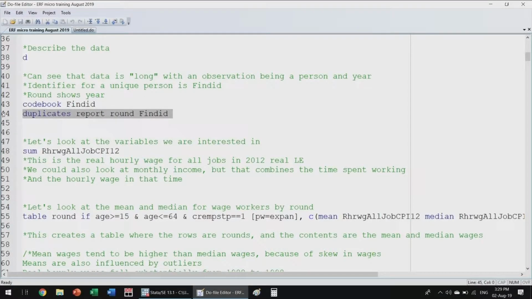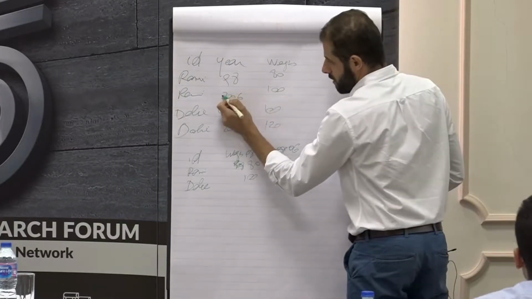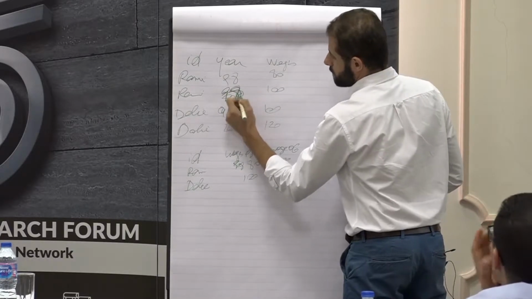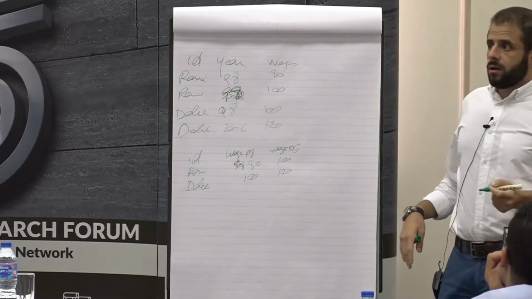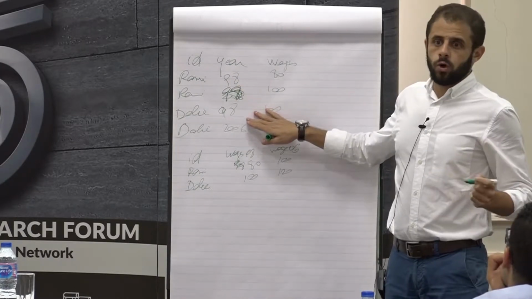Sometimes, especially in panels, this is important, because when you declare a data set as a panel, you will see later, especially when you work with surveys, there can be problems. Let me give you an example. Let's say that instead of having Rami 98, I have here Rami 98 as well. Will STATA be able to work? No. Why?